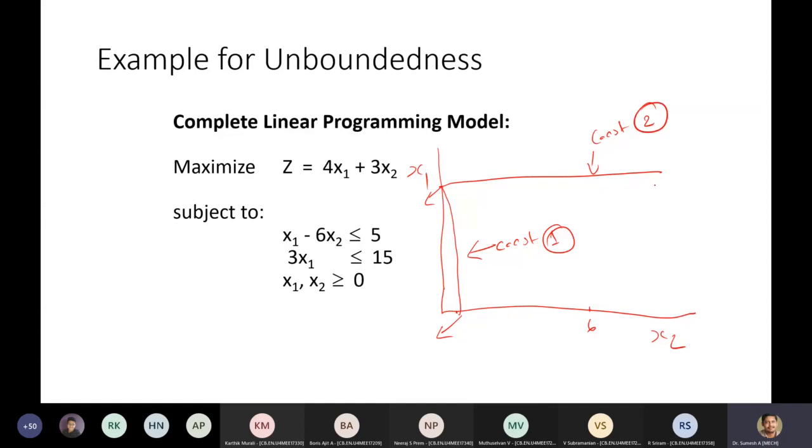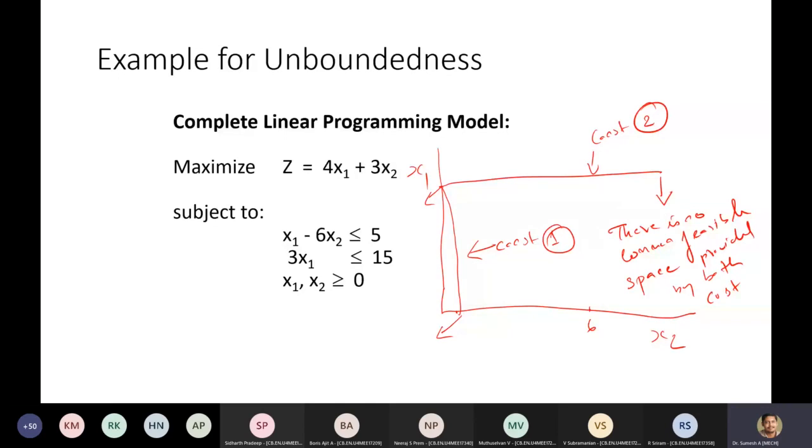Now what can you conclude? There is no common feasible space provided by both the constraints. Not possible to solve further. Clear? That is basically called unboundness.